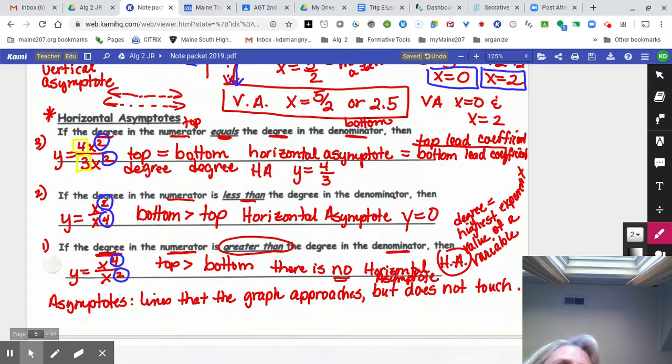These are all things that you have done throughout the year, but now we're finally at the end where we're putting everything together, and we're trying to graph a rational equation. I'm going to stop here for just a minute, let you digest this, and then I'll come back with a second video to give you some examples. Have a great afternoon.